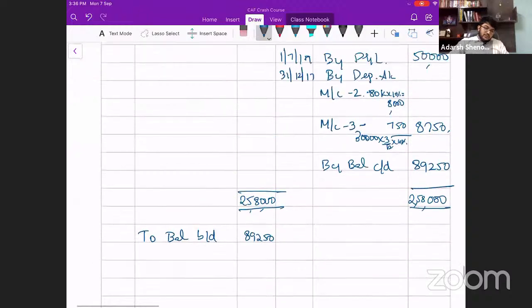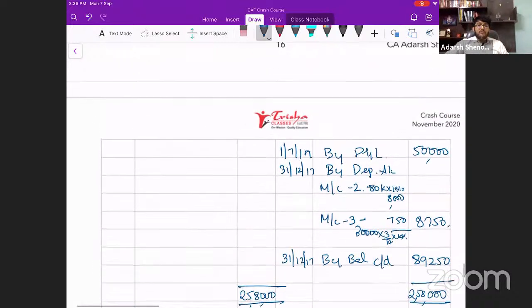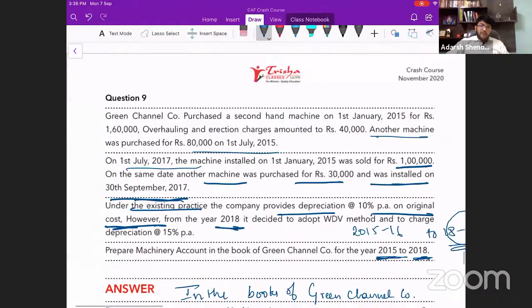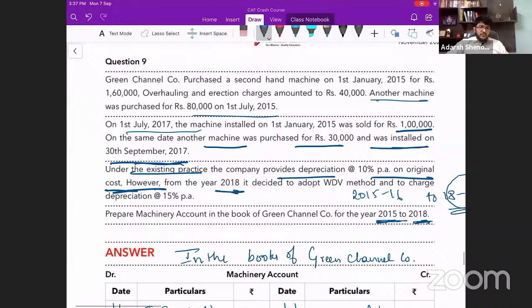Now in this year there is some change, right? What have we changed over here? We have switched over from the straight line method to which method? The WDV method. From the straight line method to the written down value method, we have switched over.